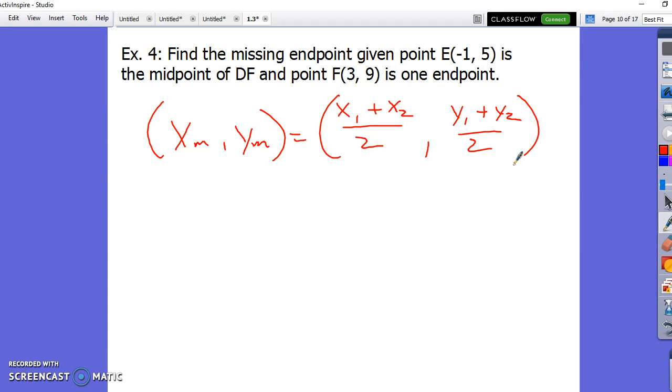Now, when we label it, we got to be paying attention, right? When we label our point, it says find the missing endpoint given point E is the midpoint. Yes? So, Reagan, if E is the midpoint, what do you think we're going to call -1?